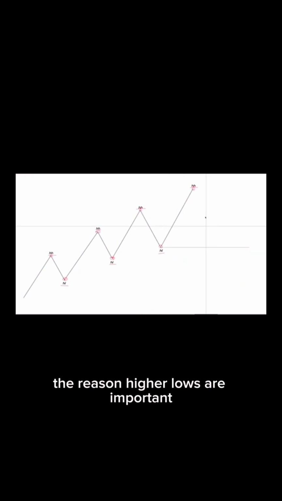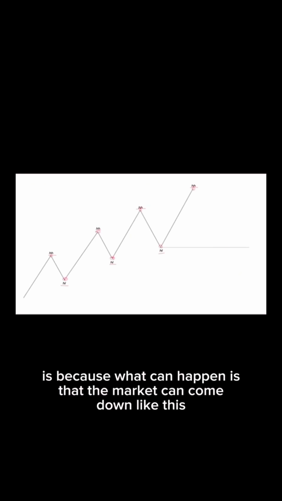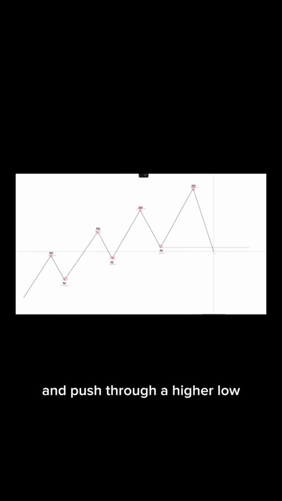The reason higher lows are important to protect the integrity of the trend is because what can happen is that the market can come down like this, and push through the low and push through the higher low.